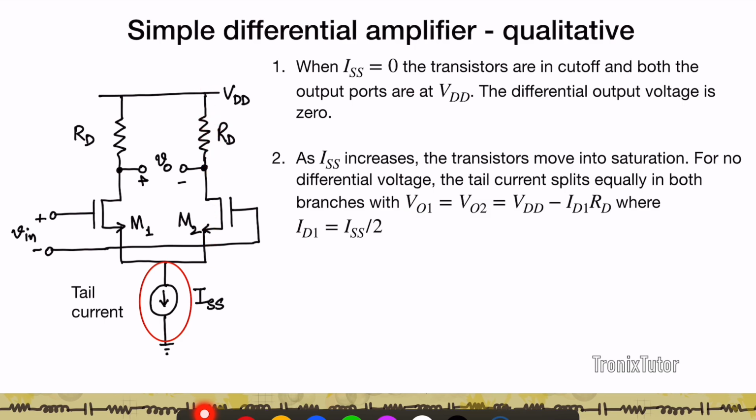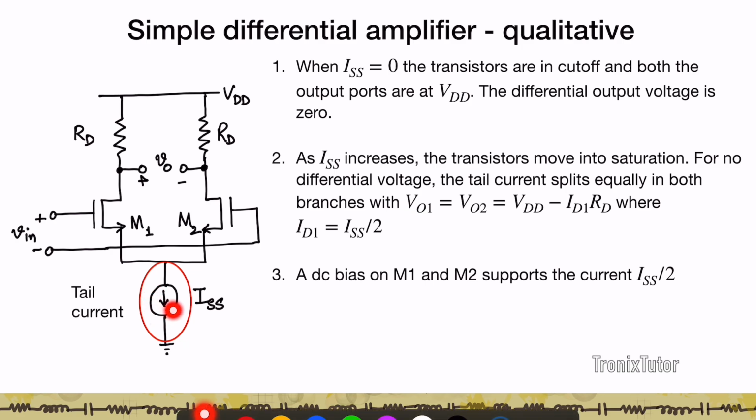And so in both these arms, you have a current of ISS by 2 flowing, and hence the drains of both the transistors are going to go to a value of VDD minus ID times RD, where ID is given by half the tail current of the circuit.